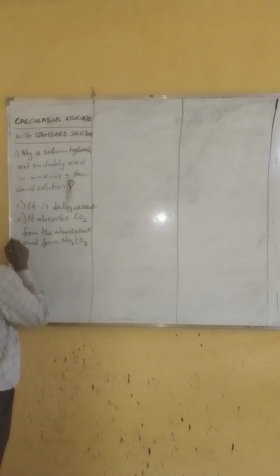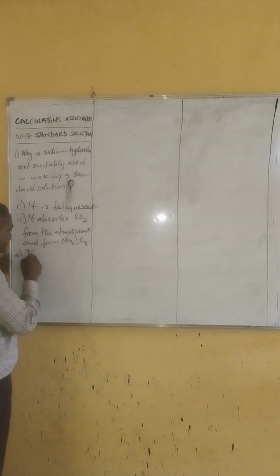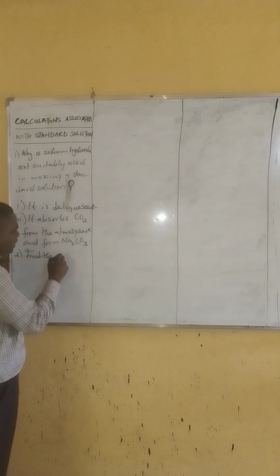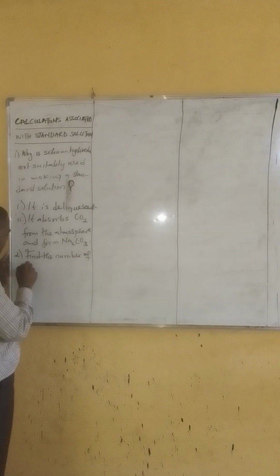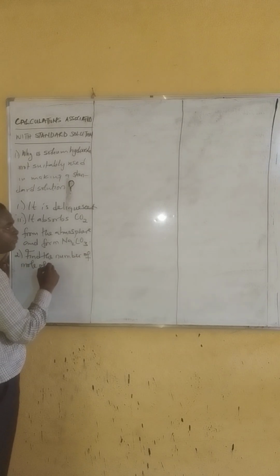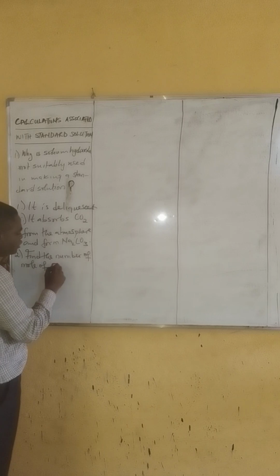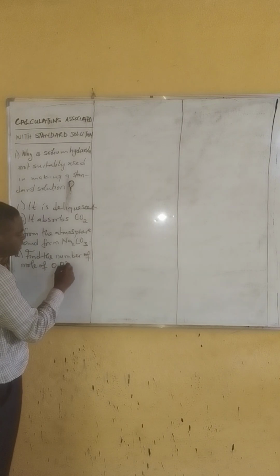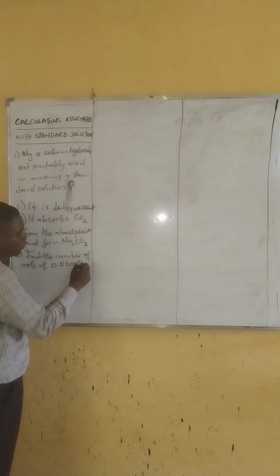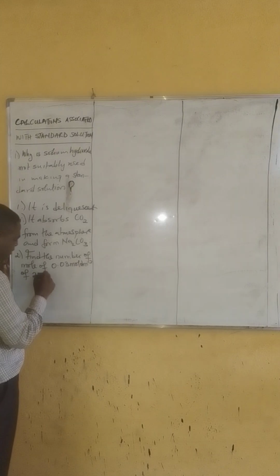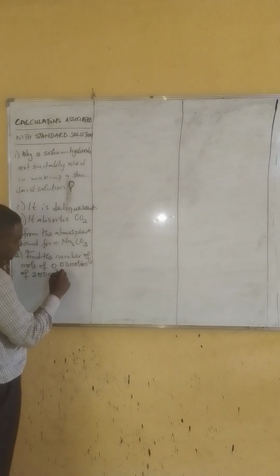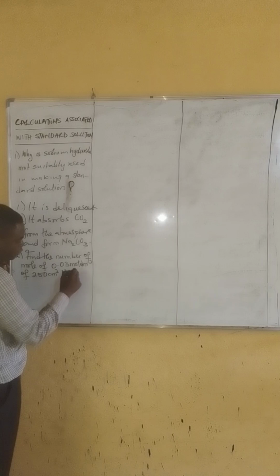Number two question, if they ask you, they say find the number of mole of 0.03 mole per dm cube of 250 cm cube Na2CO3.